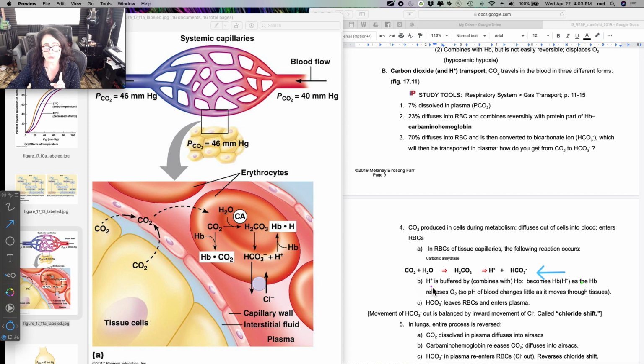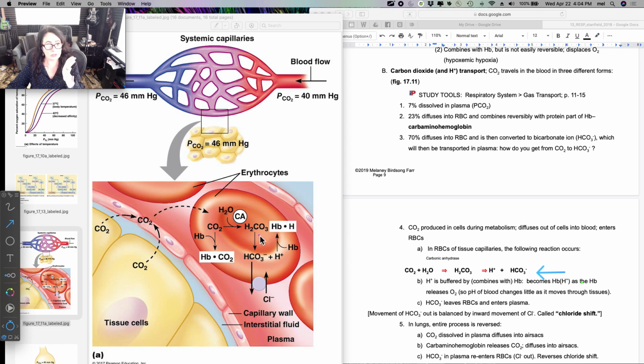What you do with those is the H+ also combines with hemoglobin, but a different portion of hemoglobin. It's got a positive charge. You can stick it onto a negative amino acid. So basically now if H+ doesn't go into solution, it doesn't impact pH. So what I'm doing is I'm forcing this equation, I'm holding on to the H+.